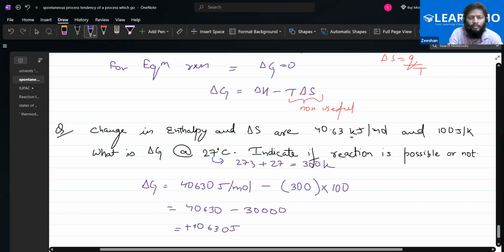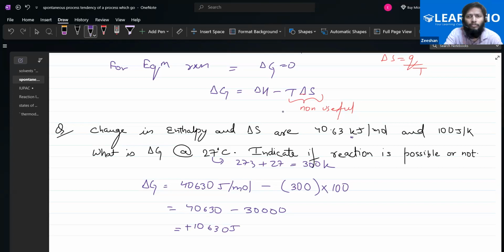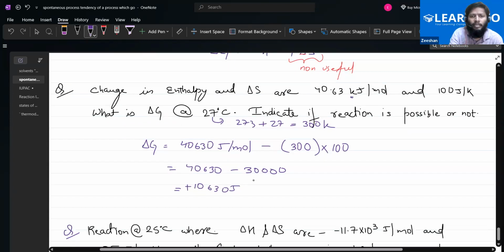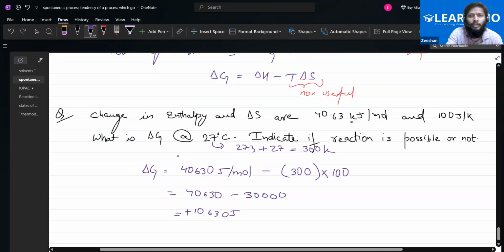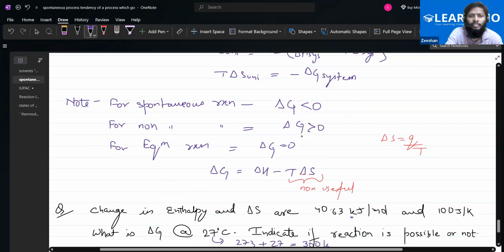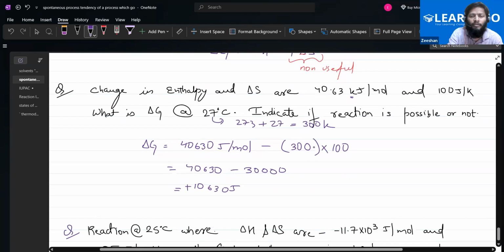Am I correct? So what will happen? Since this is positive, and we already have told that if delta G is positive, the reaction will be not possible or non-spontaneous, right?